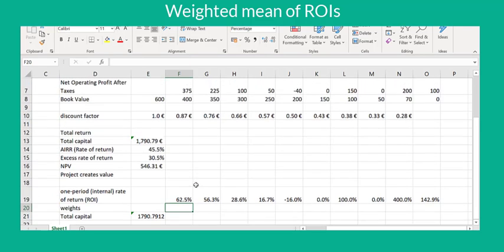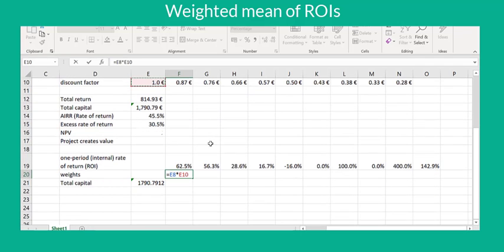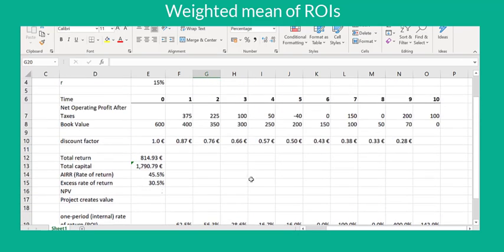Now, the first weight is given by the product of the book value by the discount factor, that is the present value of the book value. In this case, at time 0, the present value of 600 is 600 itself, divided by the total capital. And we get 33.5%.